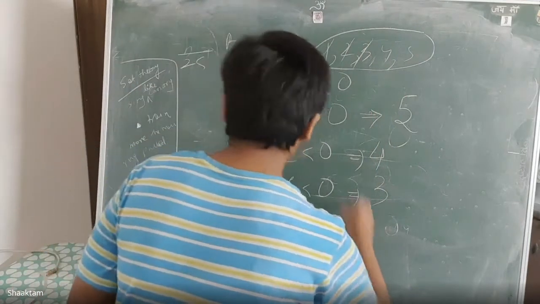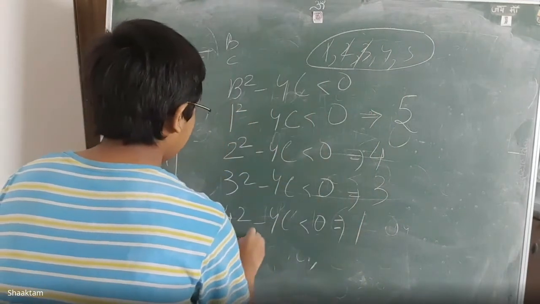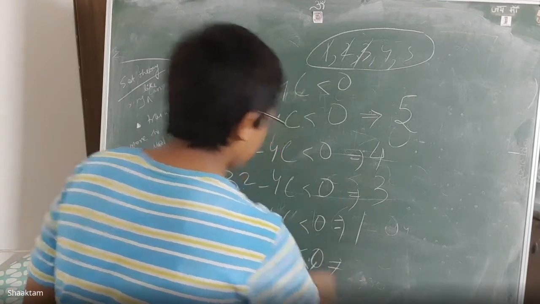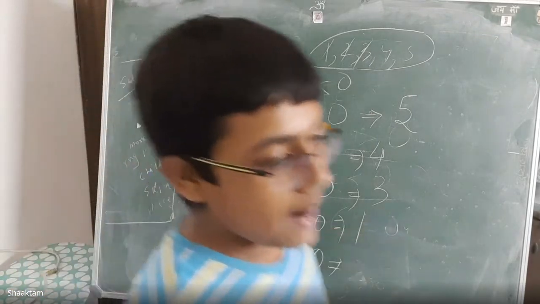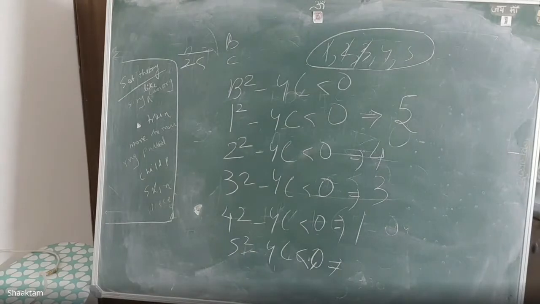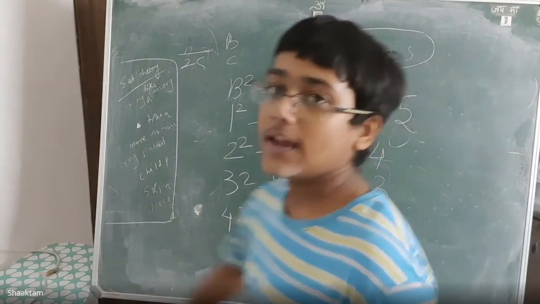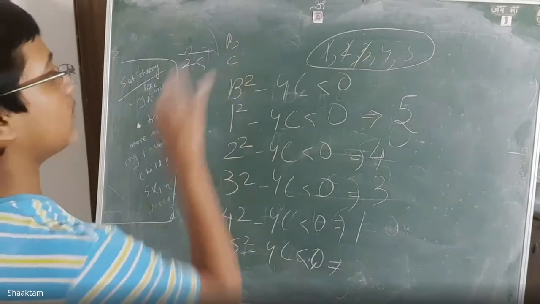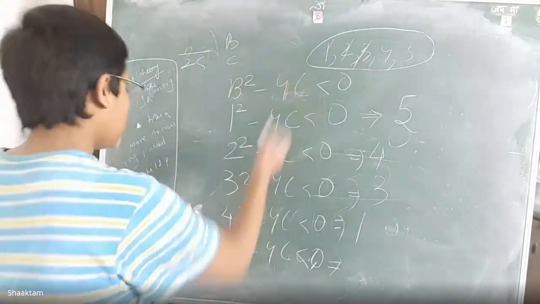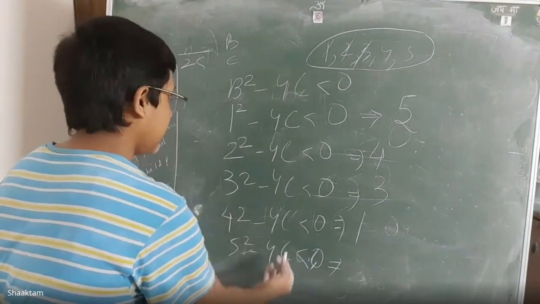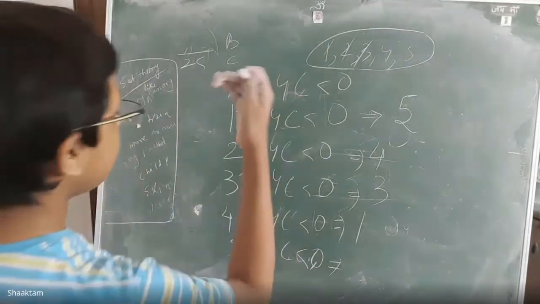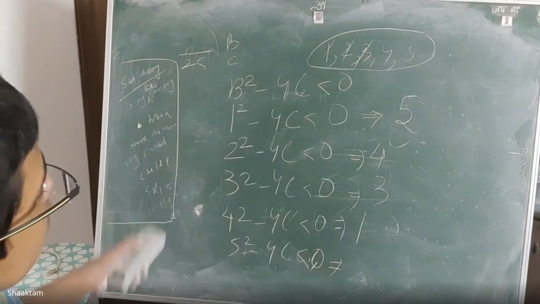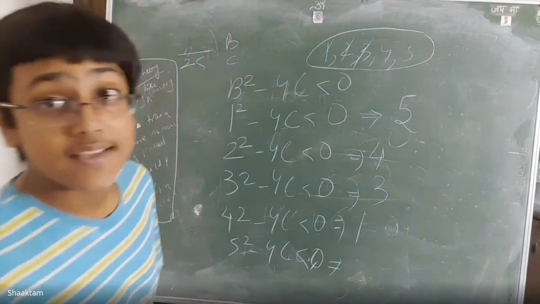I get only 1. Finally, 5 square minus 4C. We can't strike a pattern. Now, 5, 4, 3, 1 we got. We can't put 1, we'll get 25 minus 4, which is 21. If you put 2, you'll get 25 minus 8, that'll be 17.